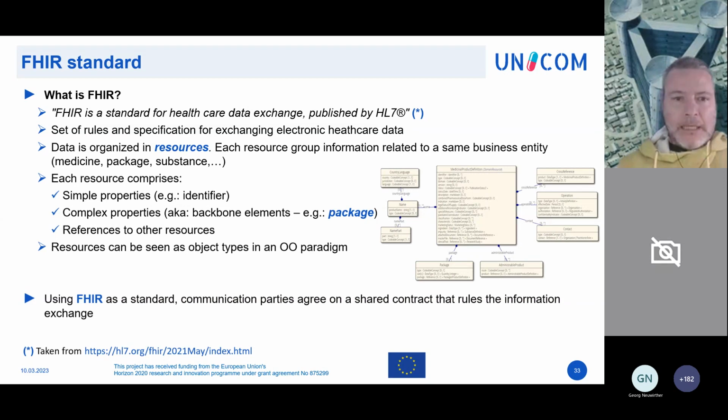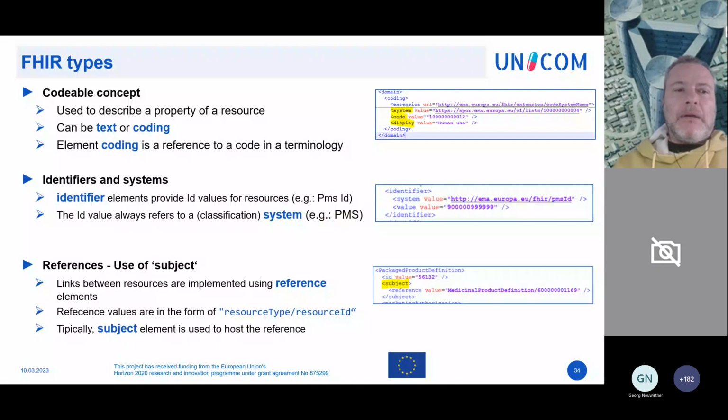So let's see now some basic concepts about FHIR types. One of the FHIR types is a codable concept. In this slide, you will see on the left part a literal description of each concept, and on the right side, an example of it in the XML message.